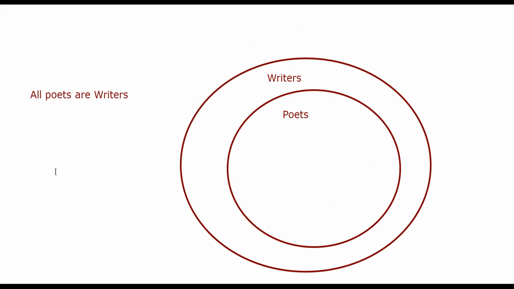The set of all poets must completely lie within the circle of all writers. So if I select T.S. Eliot with that green dot, well, T.S. Eliot is in the poet circle, thus T.S. Eliot is a poet. T.S. Eliot is also within the larger writer circle. So if I want to say all poets are writers, this is a perfect picture to represent that, because the entire set of poets is within the set of writers.